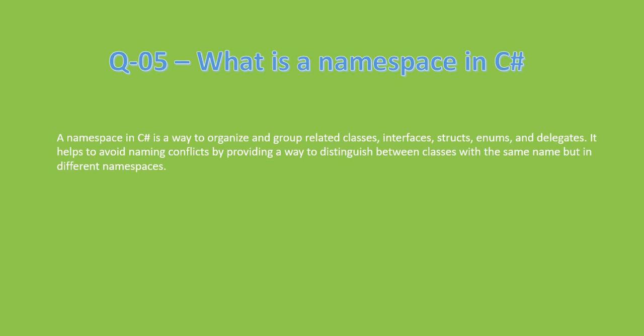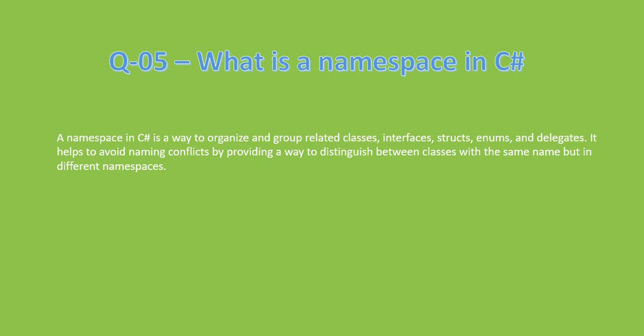Actually, the namespace in C# is used for organizing and grouping related classes. You can use it for interfaces, structs, enums, and delegates as well. Mostly we use namespaces for organizing and grouping classes.